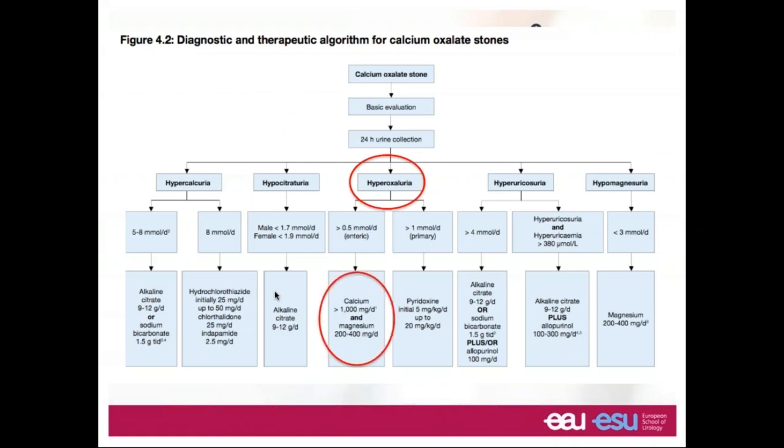So I will give some calcium also, because otherwise I wouldn't be able to chelate the oxalate in the gut. The patient also had hyperuricosuria, and as you saw, it was hyperuricosuria and hyperuricemia. So I know that I have to give allopurinol at a high dose, and of course alkaline citrate.